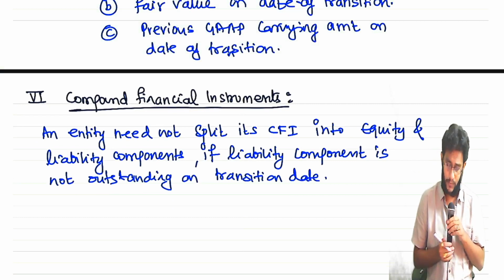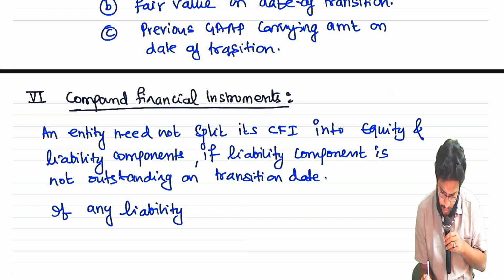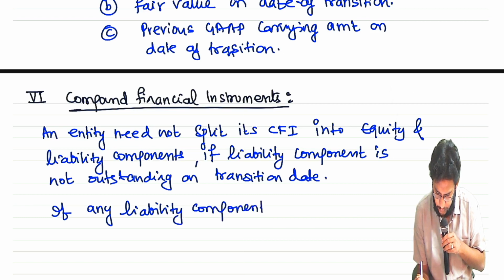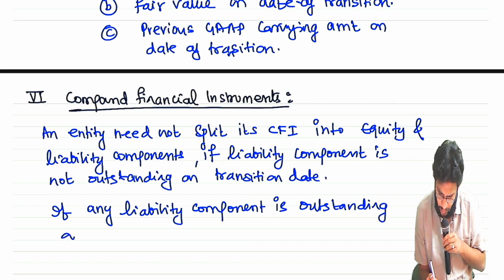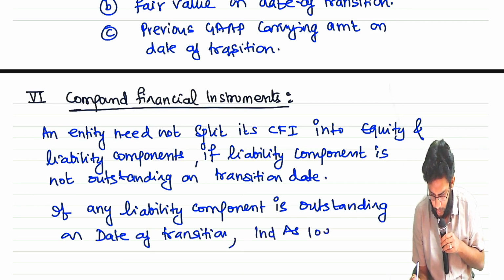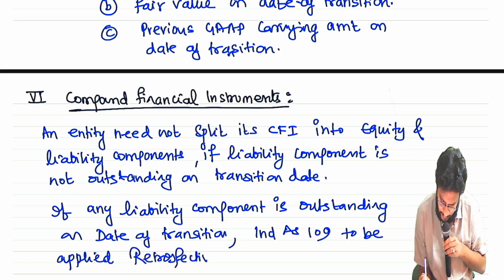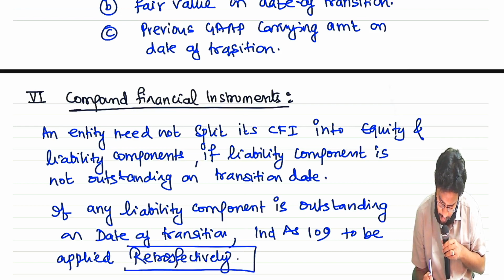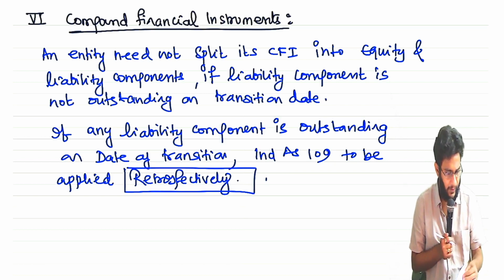This is the only condition. If any liability component is outstanding on the date of transition, Ind AS 109 is to be applied retrospectively. So guys, this is the treatment you have to give for CFI.